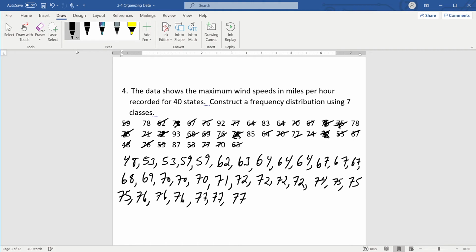So after the 77s, I have 78, 78. And then after those, it looks like I'm in the 80s, so 83. Looks like 85. 87. And lastly 92, 93.